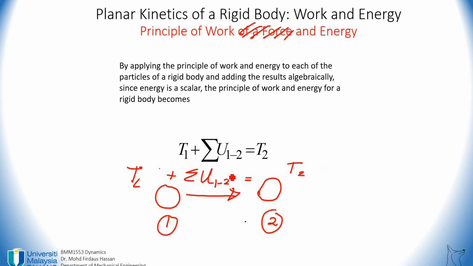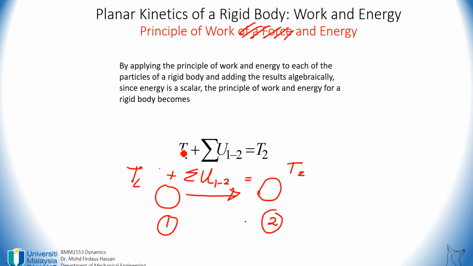We have discussed work before: you have work of a force, work of a weight, work of a spring force, and work of a couple moment. That's the summation of work from point 1 to point 2. That's the principle of work and energy.